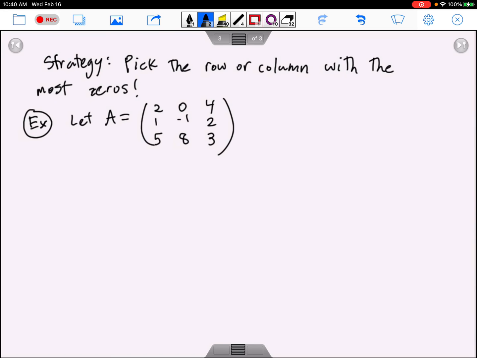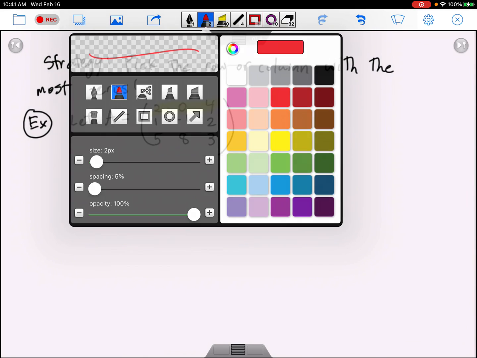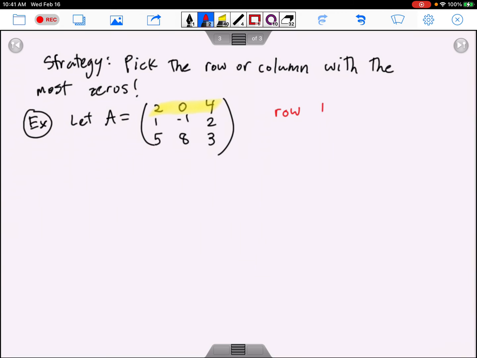So we can expand on any row or column, right? I'm going to choose the first row because the first row has a 0 in it, right? So I'm going to write this down here. We're going to do row 1 expansion.